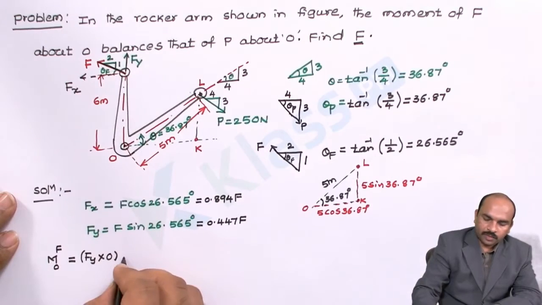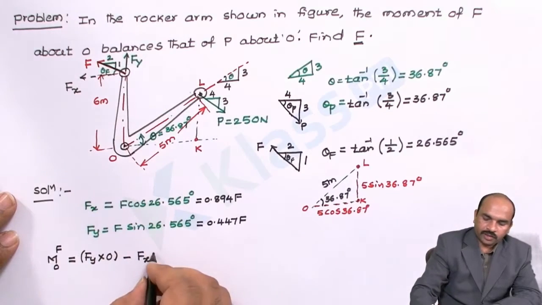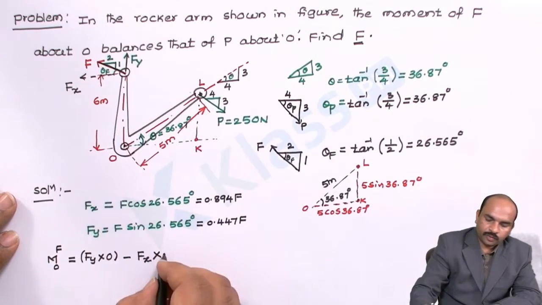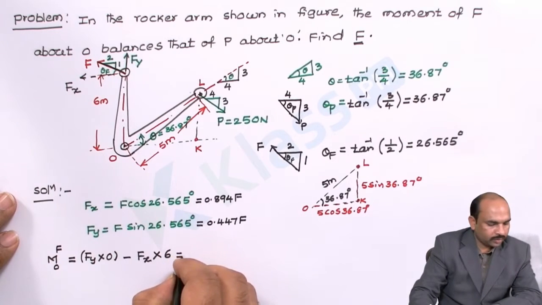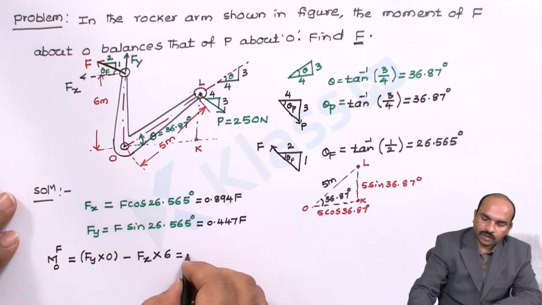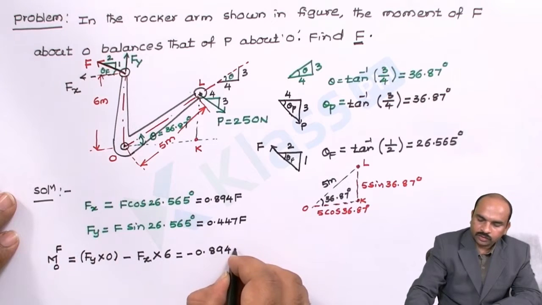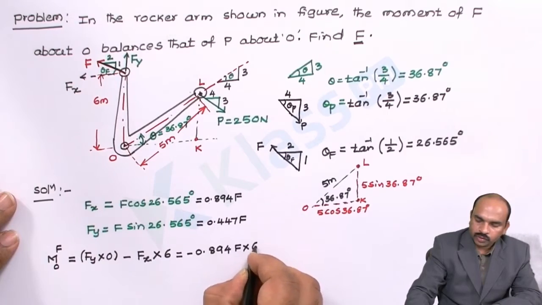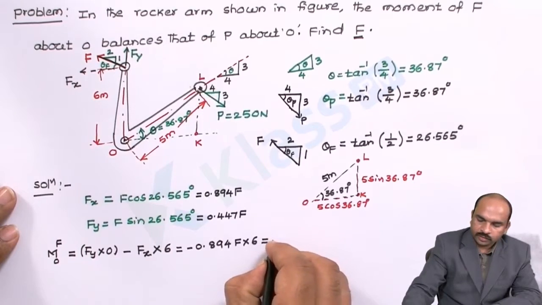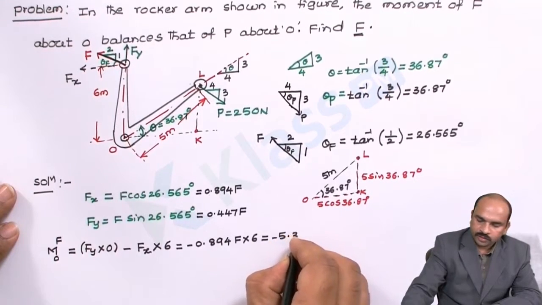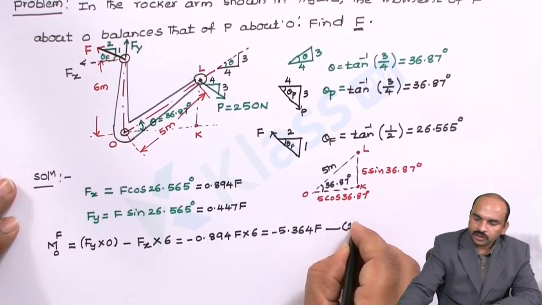So that is minus Fx, because this force is towards the left side, into its perpendicular distance from O, which is 6. So now we know the Fx value, that is minus 0.894 F into 6. So this value will be minus 5.364 F. Let this be equation 1.